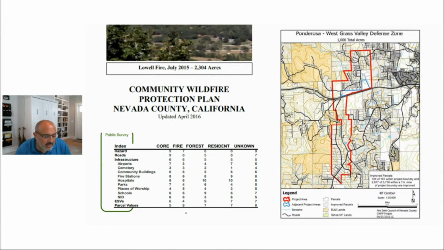Here's an example of one for Nevada County that was developed in 2016 and later updated, where the community went through and identified all their assets, the things that they value, both man-made and natural, and identified different fuel characteristics that were important for them to manage and mitigate, and they came up with a plan. So if you think about this top-down approach and this bottom-up approach, there's a bunch of data that's collected that we need to understand overall wildfire risk in a systematic fashion.